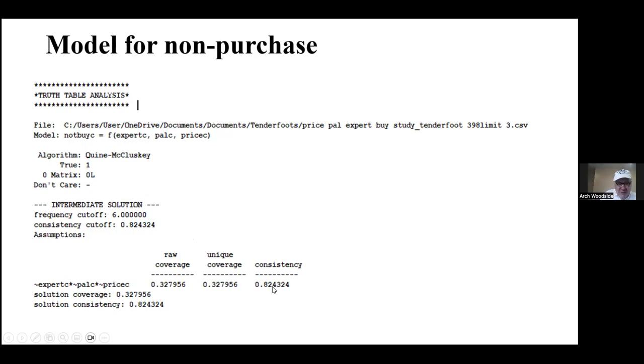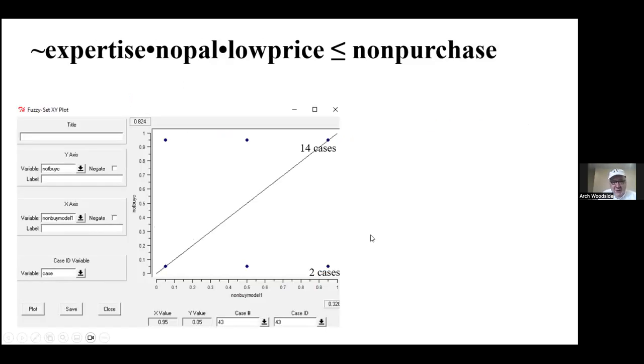And the consistency is 0.82, so the prediction is about 4 to 1 that of every 5 cases that experience this model, 4 out of 5 do not buy. Remember, here it's not buy that we're predicting. So here's the plot of that model. We have 14 out of 16 cases, so that's 7 to 1, who did not buy, who experienced this particular non-buy model that I just showed you.